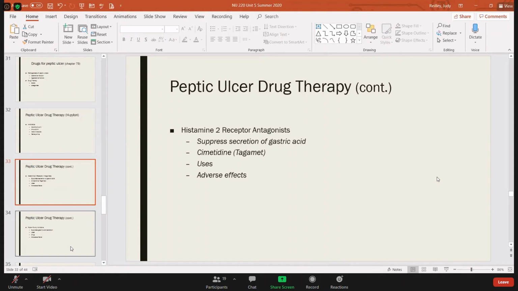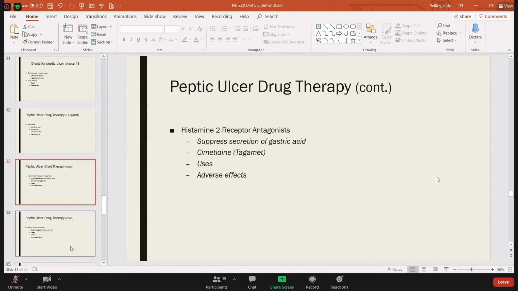It breaks down the tablet itself, releasing what appear to be chemicals that can cause cancer. So Zantac was pulled off of the market about a year ago and is no longer available.